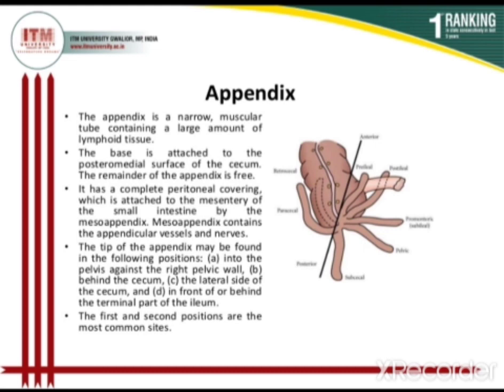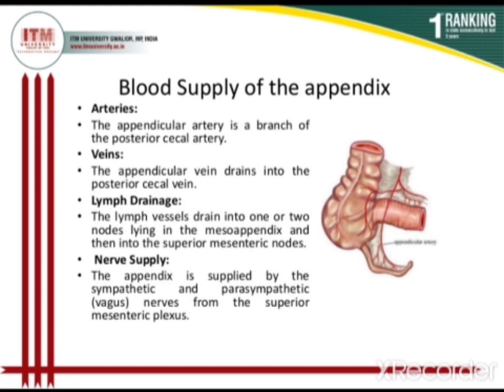So the removal is called appendicectomy. Okay, fine. Now what is the blood supply of the appendix? Arteries: the appendicular artery is a branch of the posterior cecal artery. The appendicular vein drains into the posterior cecal vein.